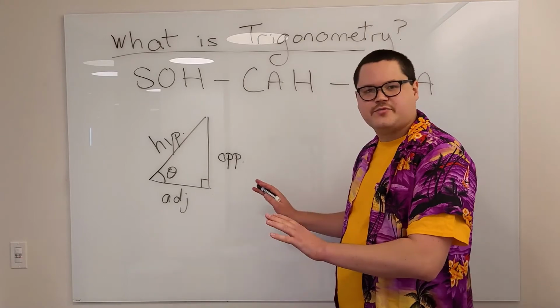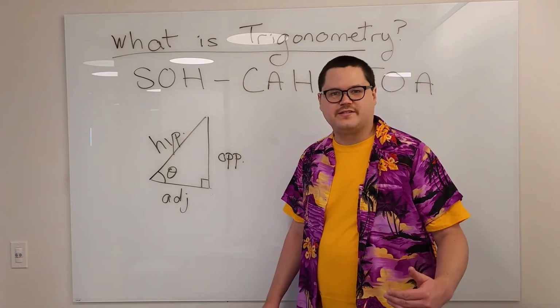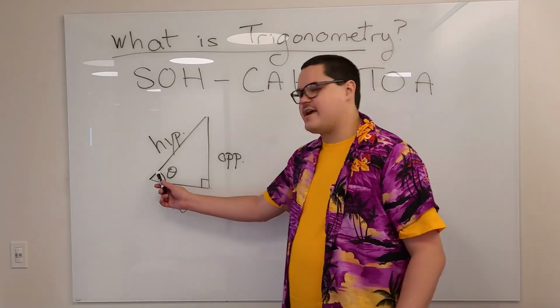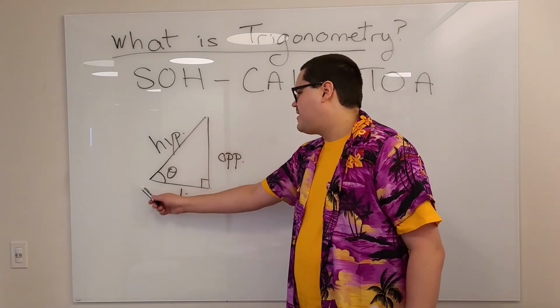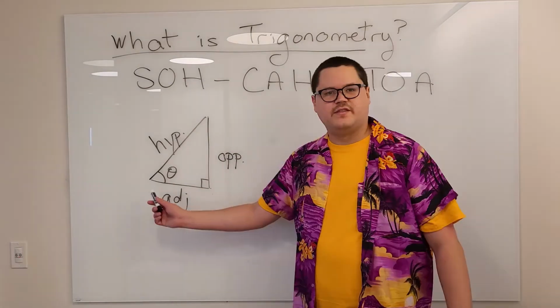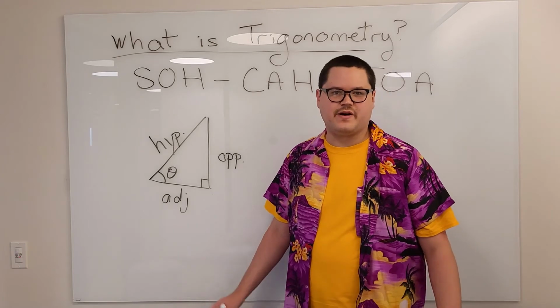Well, Trigonometrius decided that instead of calling the sides of a right triangle A, B, and C, we're going to refer to them by how they relate to this angle theta. Okay? Well, this side already has a name. We know the longest side of a right triangle is called the hypotenuse. This side here is next to the angle theta, but it's not the hypotenuse.